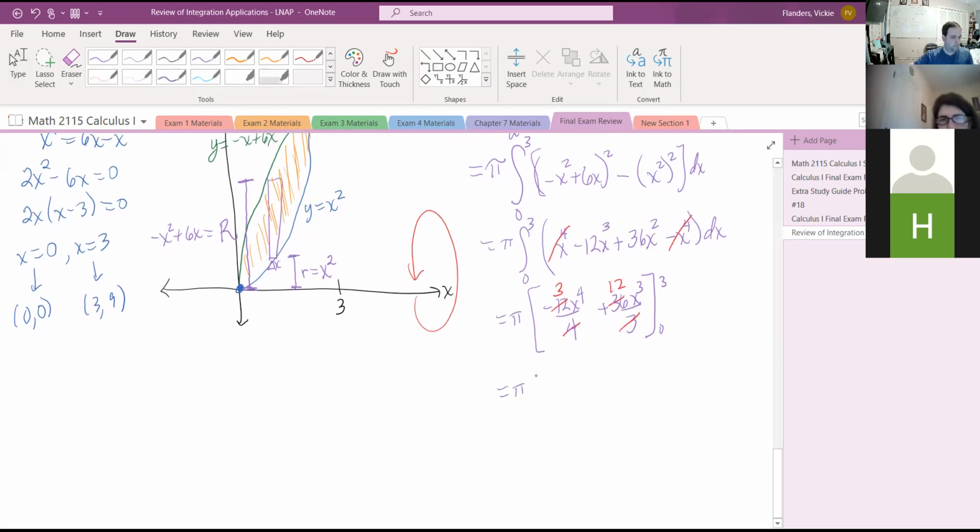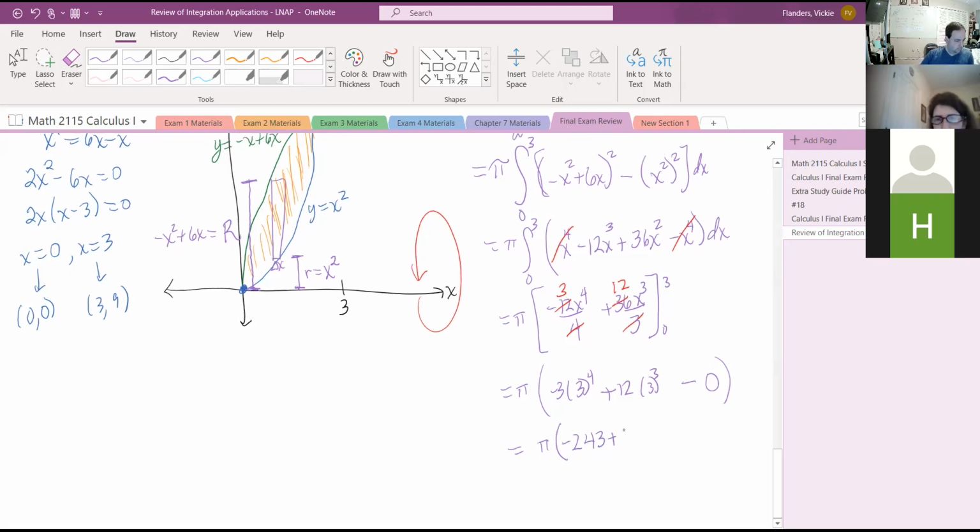I'm going to get here pi times negative 3 times 3 to the 4th plus 12 times 3 cubed. And I noticed that when I plug in 0, I'm going to get 0 both times, so I'm just going to take a little shortcut there. 3 to the 5th power is basically what I have, so I have negative 243. 12 times 27 gives me 324.